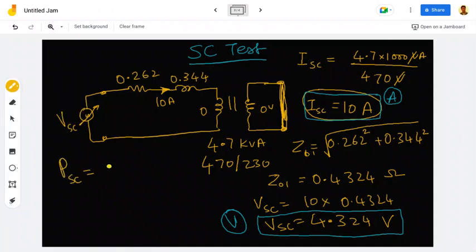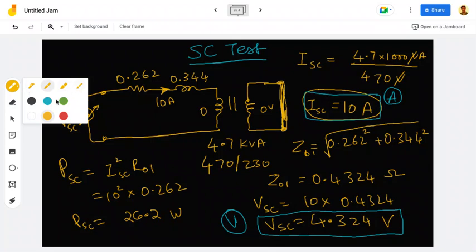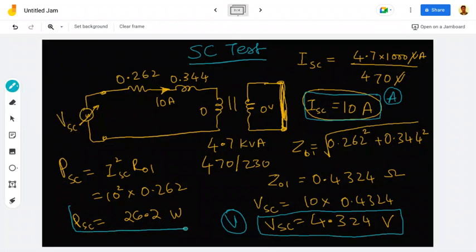Short circuit power is ISC square times R01. So that is 10 square into 0.262, which should be 26.2 watts. Now I have all the values, so let's look at the questions.